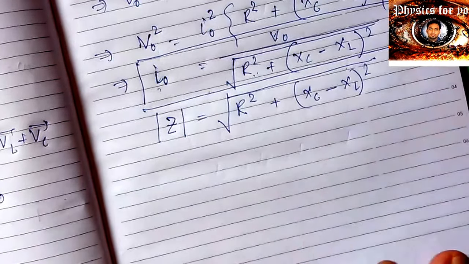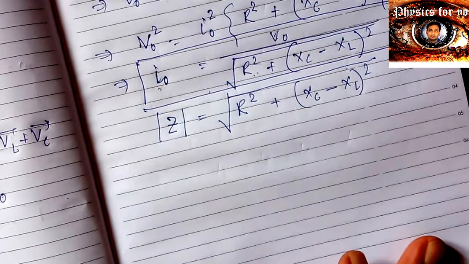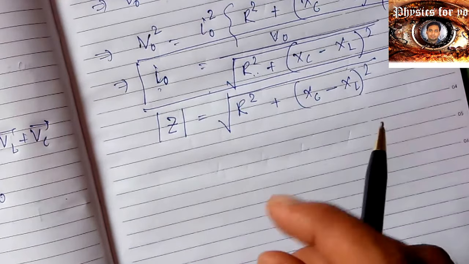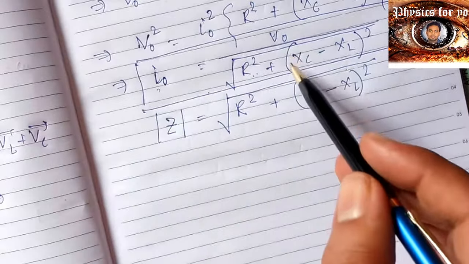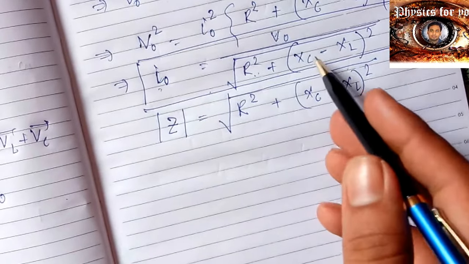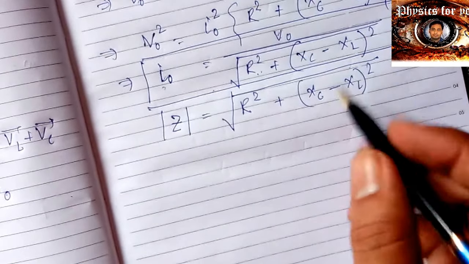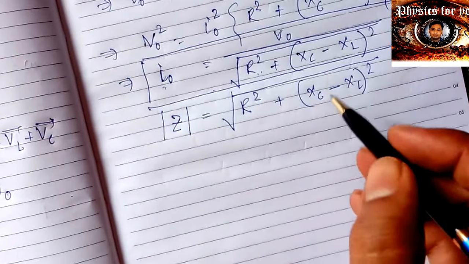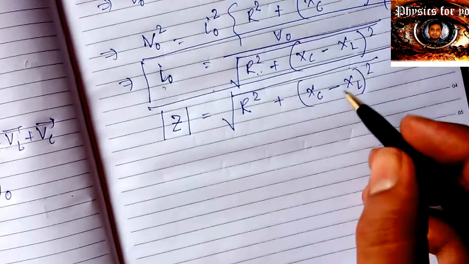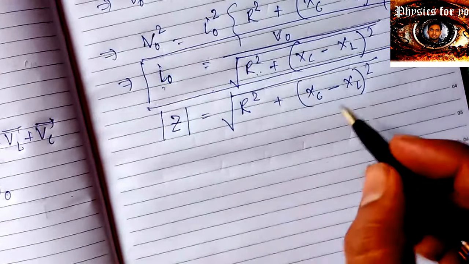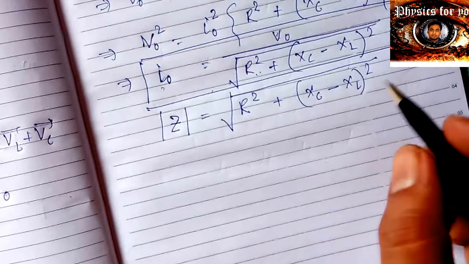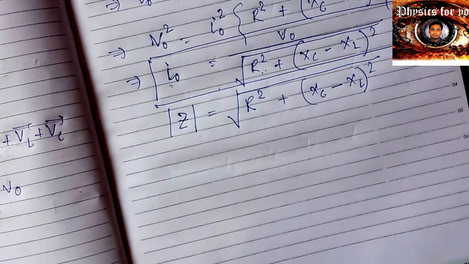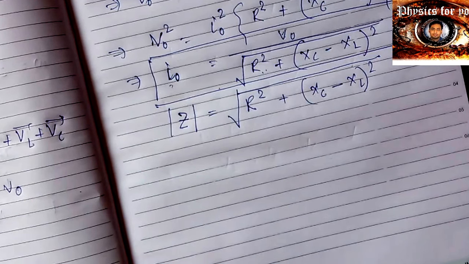See, when the current should be maximum, when it is minimum, as evident from this equation, and if you put the value of XC and XL, that is XC equal to 1 by omega C and XL equal to omega L, you can change both the value of XC and XL with changing the angular frequency omega.